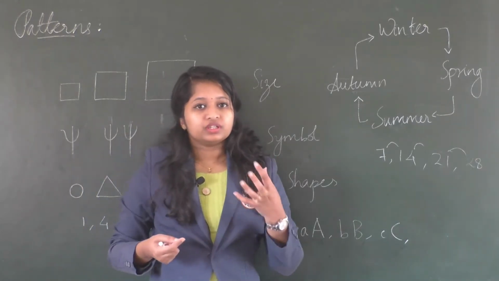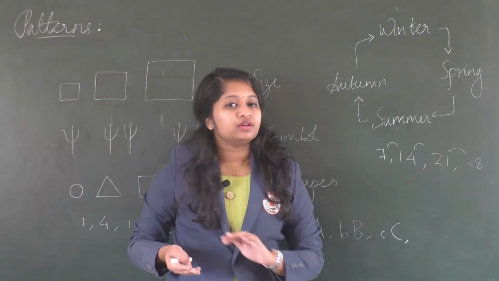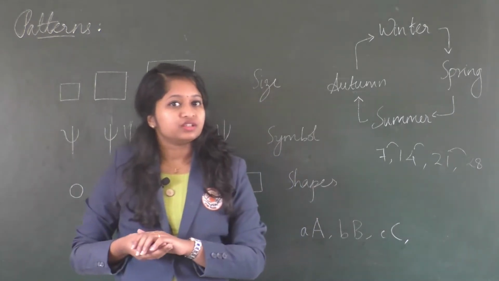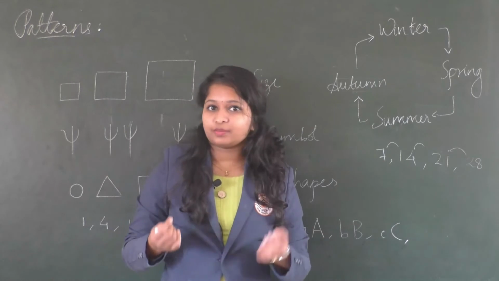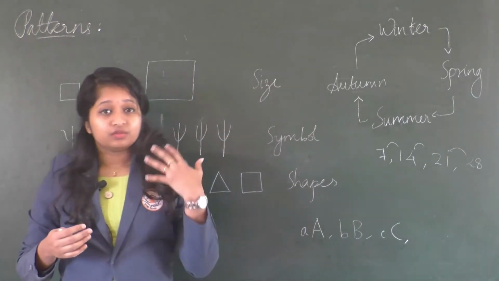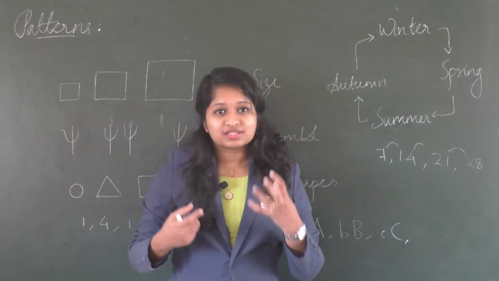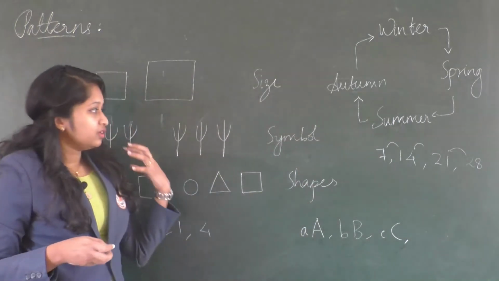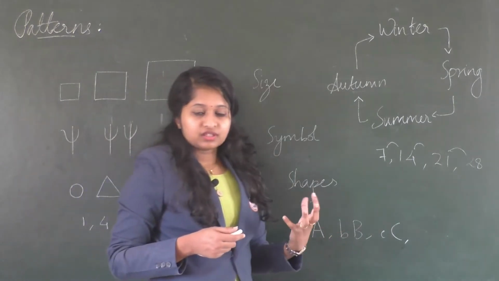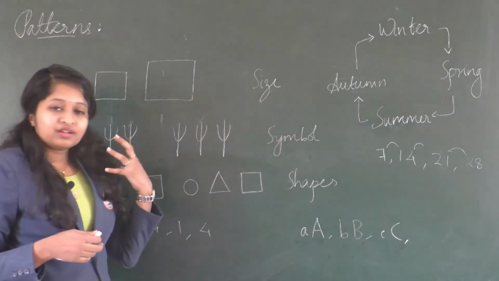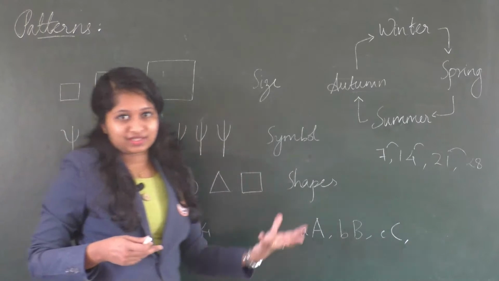If you hear a sound like clap, and then you tap your feet, next clap, tap your feet. So what will be the next? Clap, tap your feet. So this is the sound pattern. There are so many patterns like this, which we can guess what will be the next.